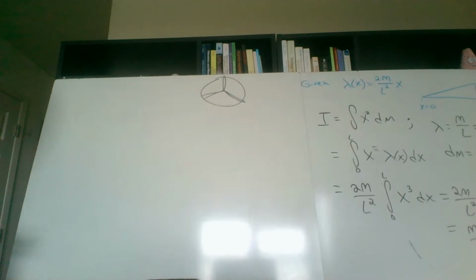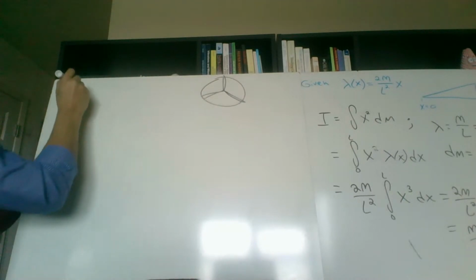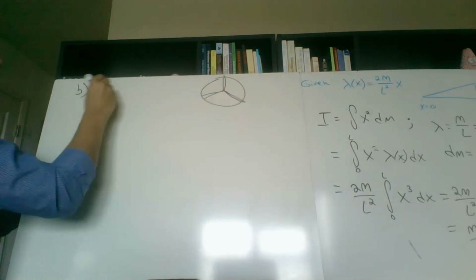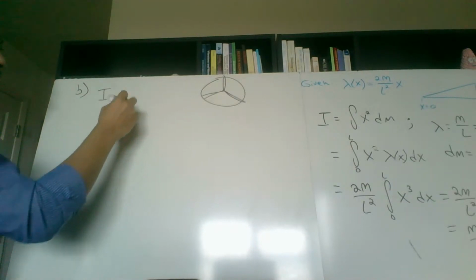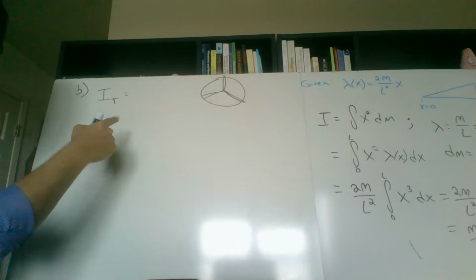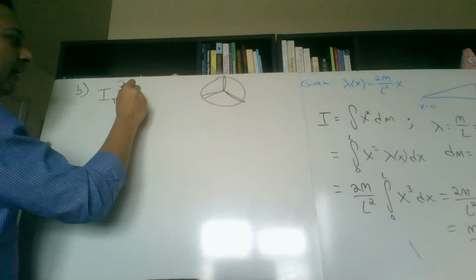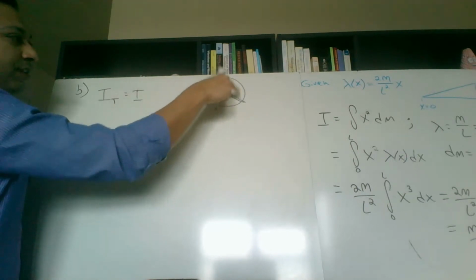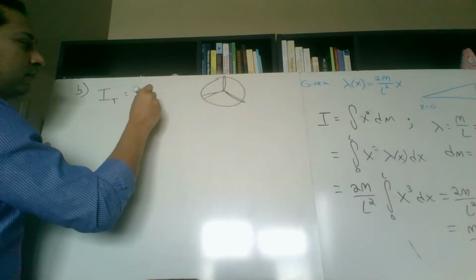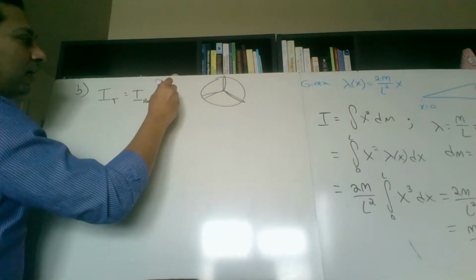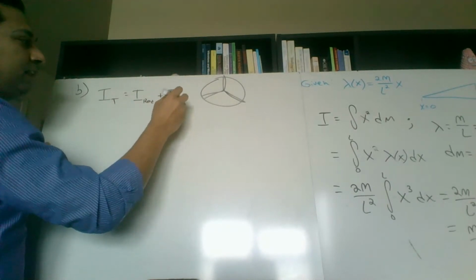So they want to know what the total moment of inertia is. For part B, you have I total is equal to I of the spokes plus I of the hoop. So I, we'll call these little things rods, plus I of the hoop.